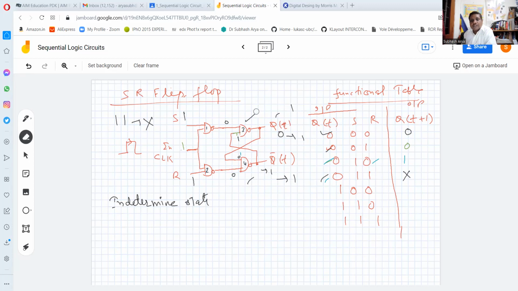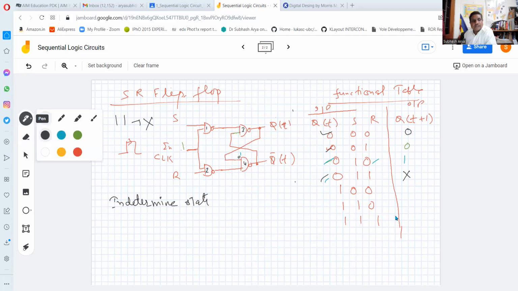So now let us move to the next state. I hope you could understand this one state. Now Qt is 1, and both S and R are 0, and the clock pulse has come.